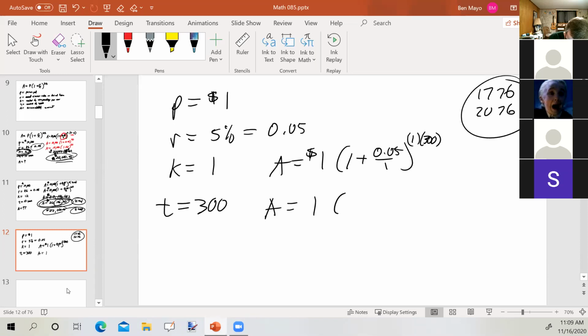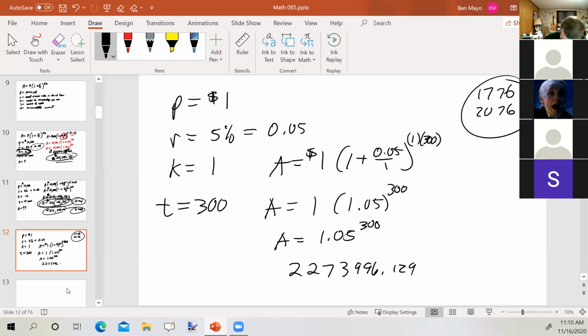A equals 1 times 1.05 to the 300. Taking it times 1, we're just going to get the same thing, right? So if we take 1.05 to the 300th power, we get 2273996.129, which would round to 2273996.13.